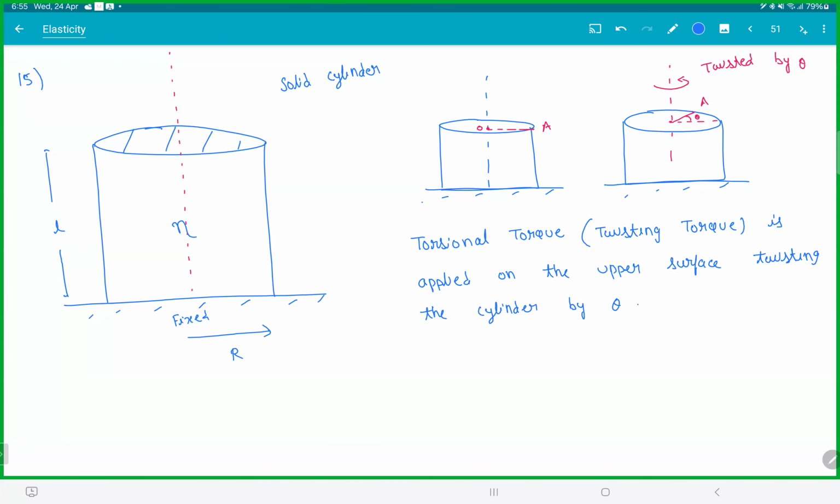The upper surface is twisted by angle theta parallel to the ground. So basically this entire thing got twisted, it's still parallel to the ground, but it got twisted. Find the torque as a function of theta.